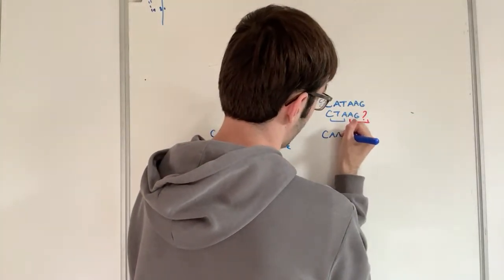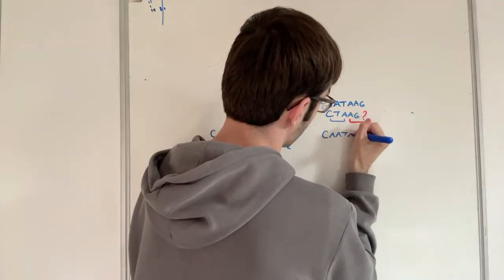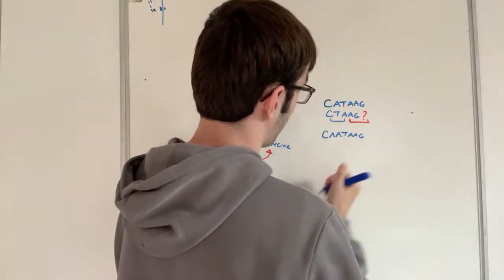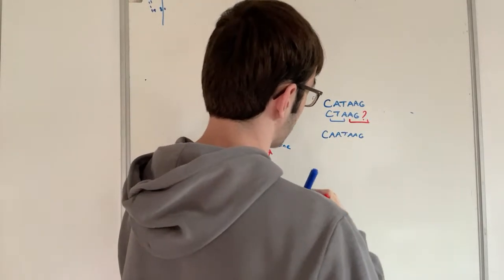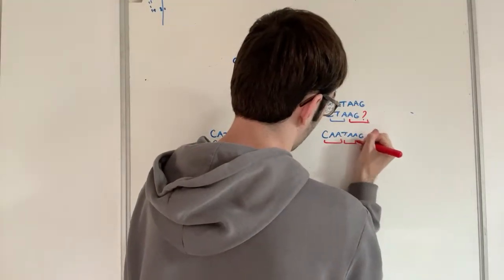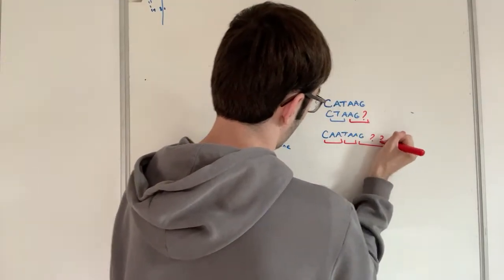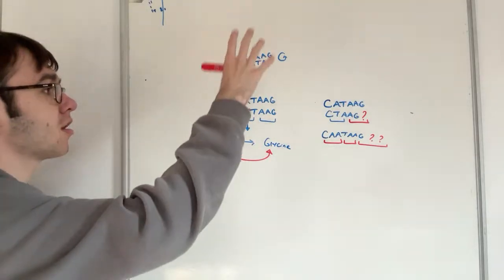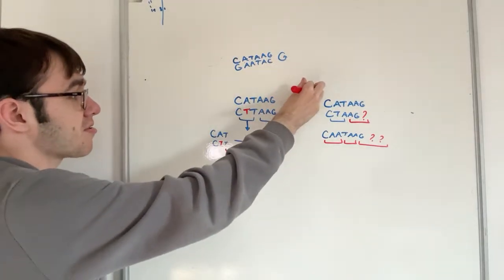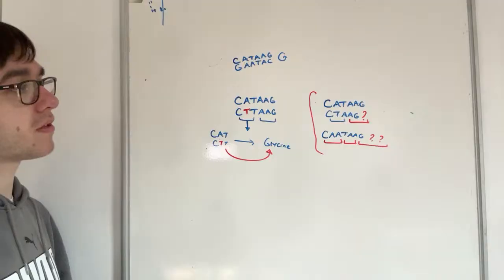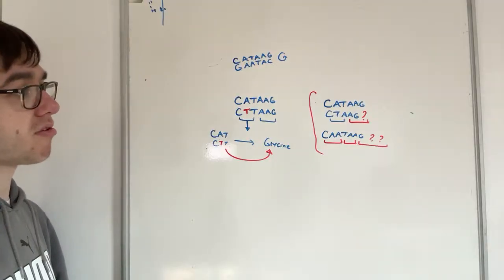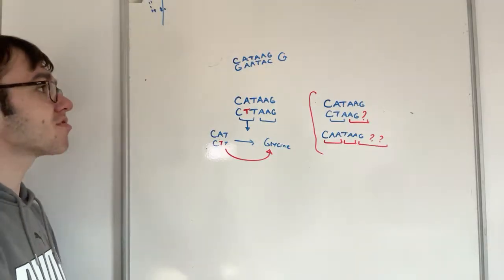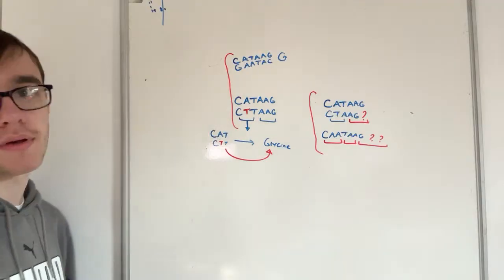CAATAG. That is obviously going to lead to a different number of base sequences. So those are the mutations. Addition and deletion, these are the two that lead to a frame shift, aka changing the number of bases and codons. These two, inversion and substitution, don't change the number of bases and codons.